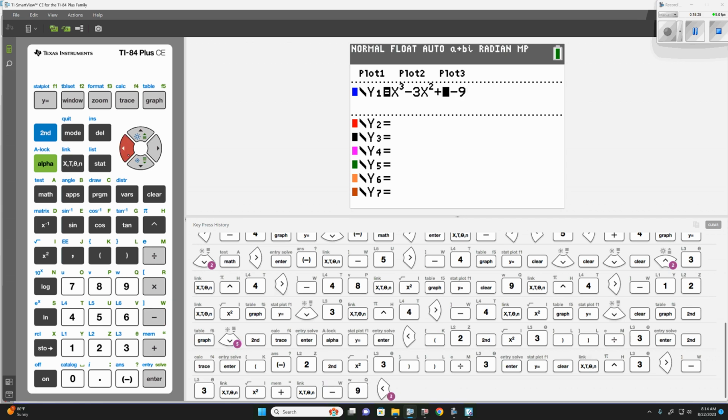I think it was, sure. Okay. And is the 3x positive or negative? Okay. So now we have the correct function up. X cubed minus 3x squared. Okay. Graph.